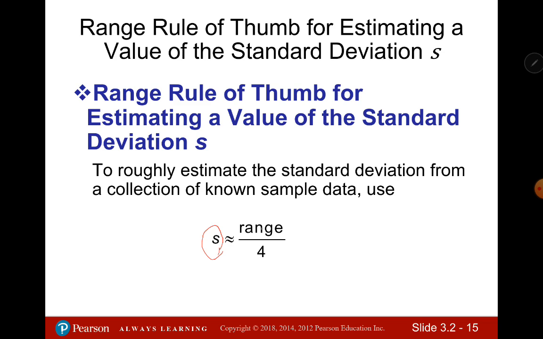But we know the minimum value and the maximum value, so it's possible to get the range. Remember, range is the difference between the minimum and the maximum. So we use this formula to estimate the standard deviation S. After that, we can still use the range rule.